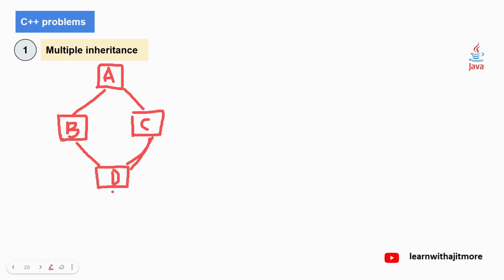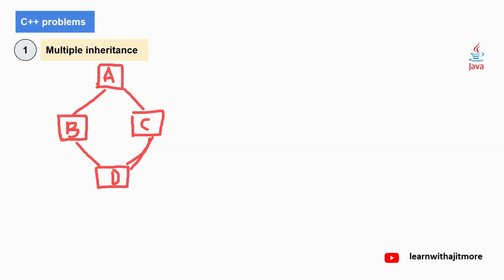A gets duplicated via the B path and the C path till D. So that is one problem. So such a situation should not be there. Okay. Duplicate A to this common child. D is having ambiguity, confusion, which copy to use from those two copies. If you don't want two copies, you can make it virtual.